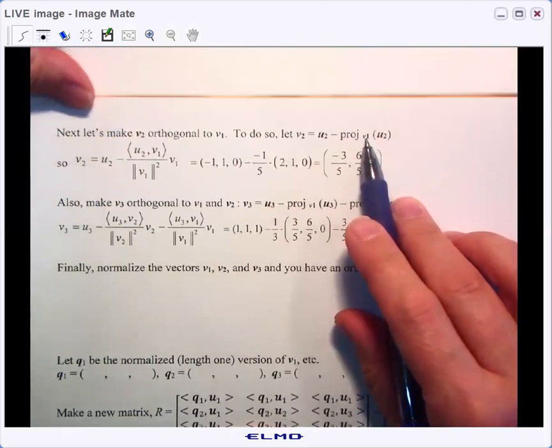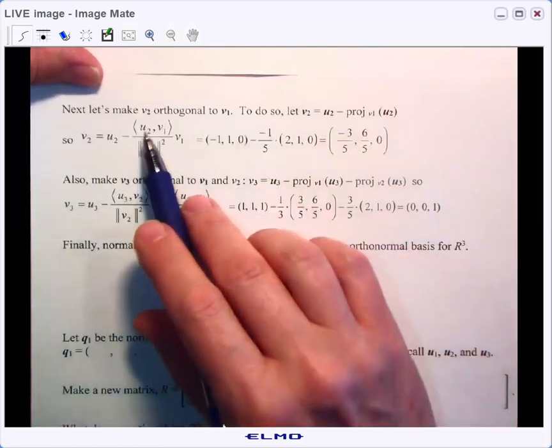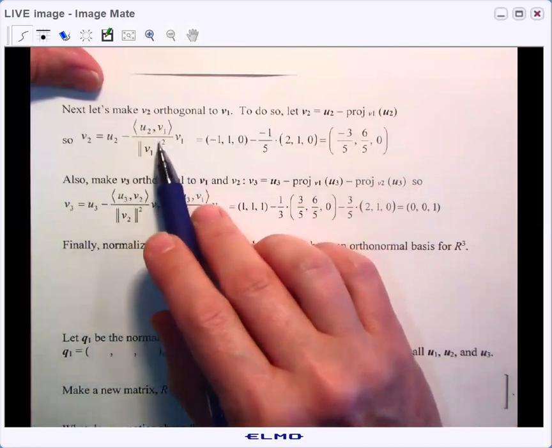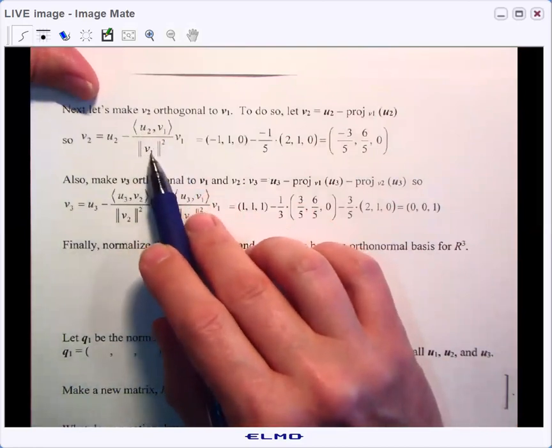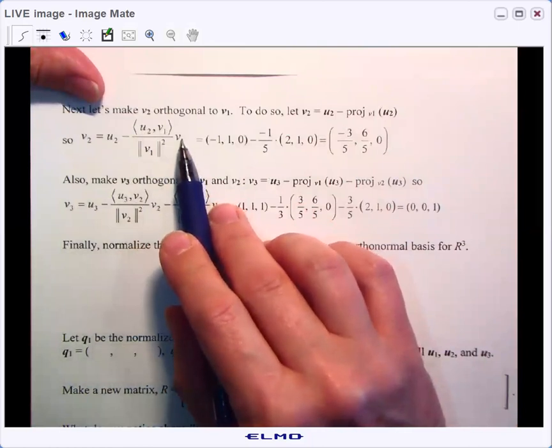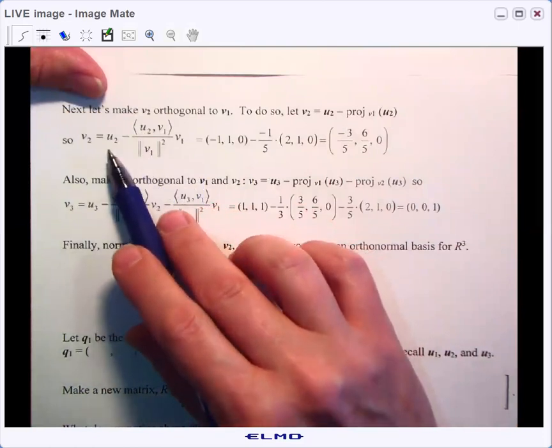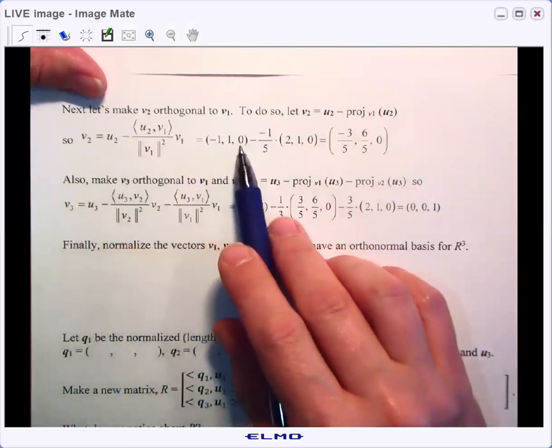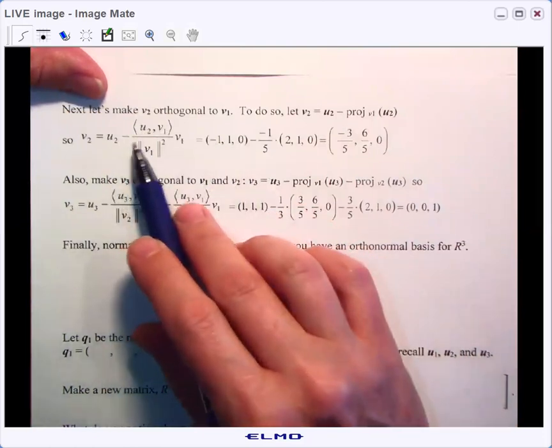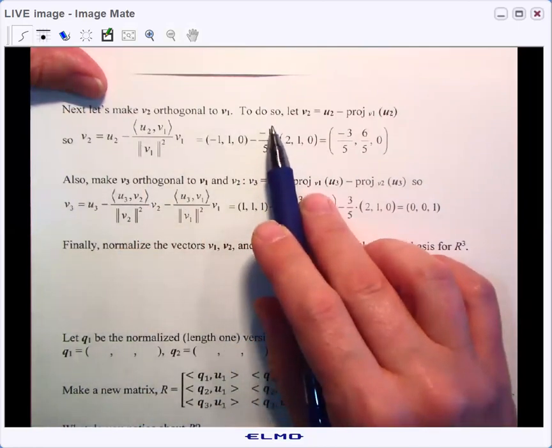So let's remember how to do this. Our orthogonal projection is the inner product over the magnitude of what you're projecting onto squared, times the vector you're projecting onto. Remembering that the U2 vector was -1, 1, 0, minus the inner product we just got, which is -1.